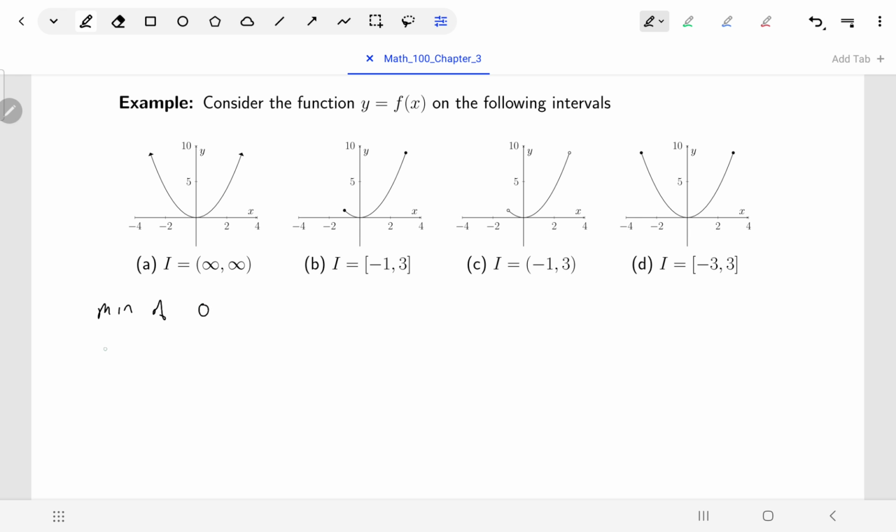And that's very true, there's no largest y value if we're thinking about it on the interval of all real numbers. If I'm thinking about just the interval from -1 to 3, we still have a minimum value of 0, and we also now have a maximum value. It looks like it's going from -1 to 3, which means my maximum value would be 9.